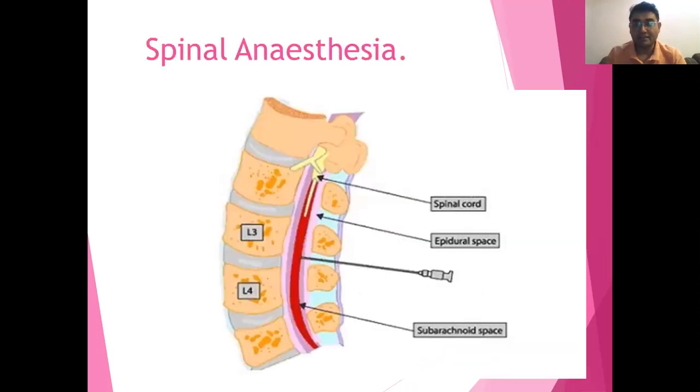So spinal anesthesia. In epidural anesthesia, it is just injected over there, outside the dura mater. But in spinal anesthesia, we inject the agent in subarachnoid space in here, where the CSF or cerebrospinal fluid is circulating in the spinal nerve.